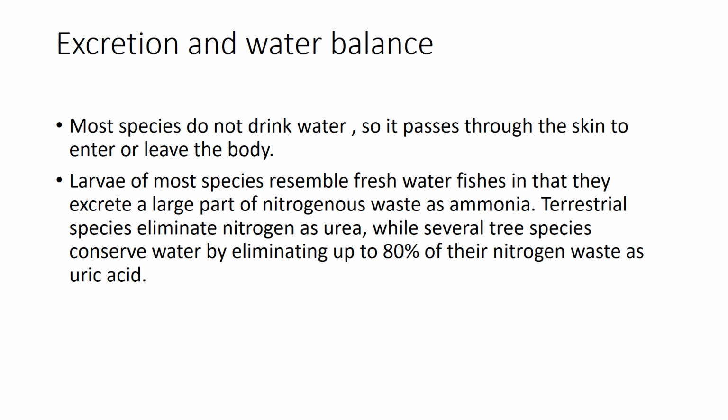Larvae of most species resemble freshwater fishes in that they excrete a large part of nitrogenous waste as ammonia. Terrestrial species eliminate nitrogen as urea, while several tree frog species conserve water by eliminating up to 80% of their nitrogen waste as uric acid. And this uric acid is mostly also found in birds.